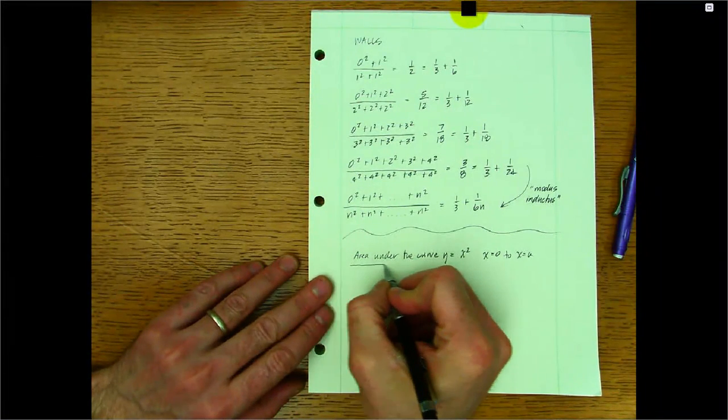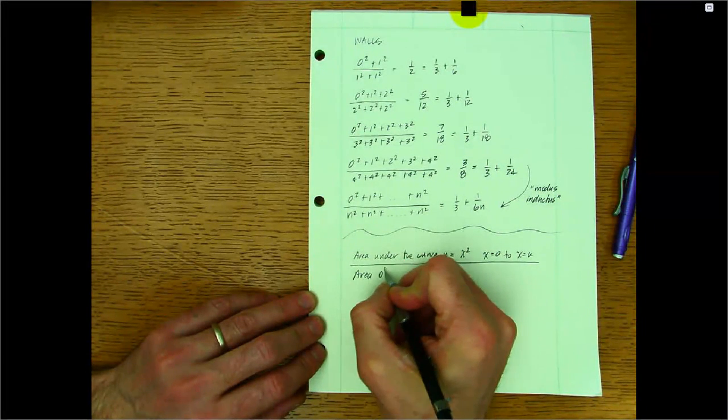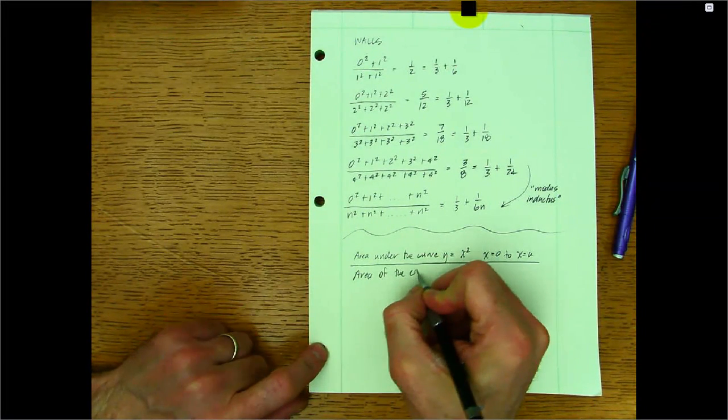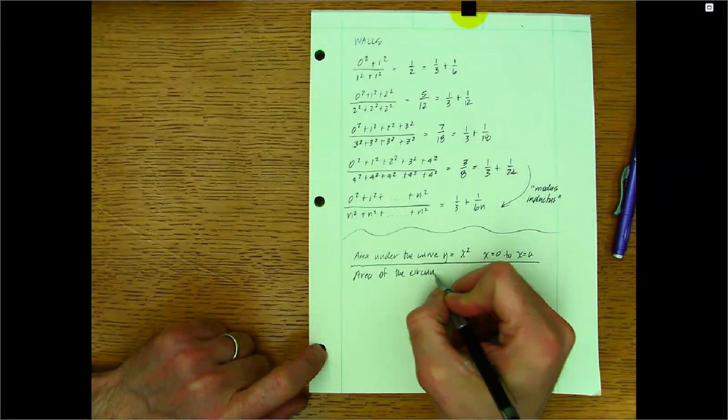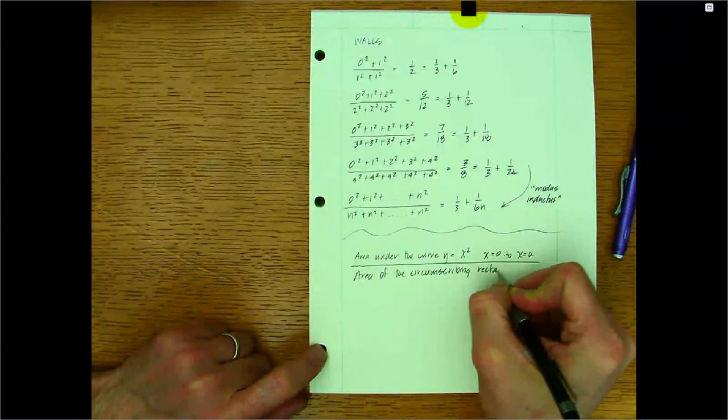He wants to find that ratio to the area of the circumscribing rectangle.